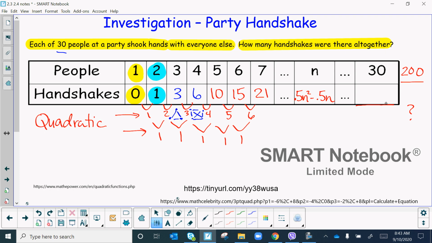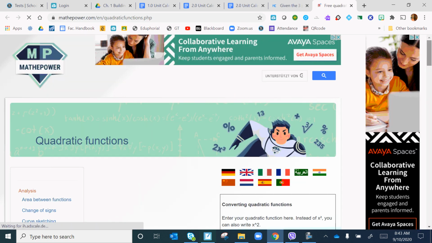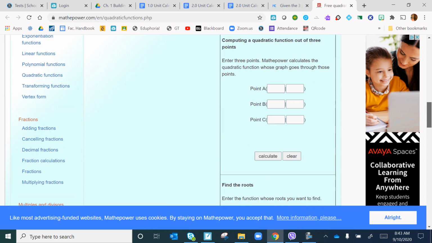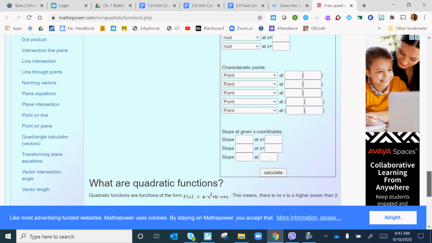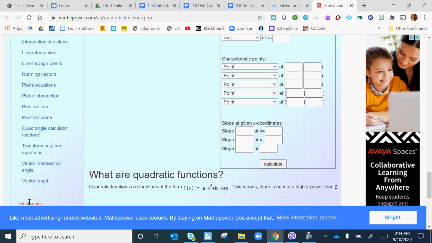Let me show you the other website just so you have options. This one's called mathpower.com, quadratic functions. When I go to this one, again, I don't really care for this one, but it's pretty easy. You're going to scroll all the way to the bottom, and right here where it says the points, you're going to add the points.